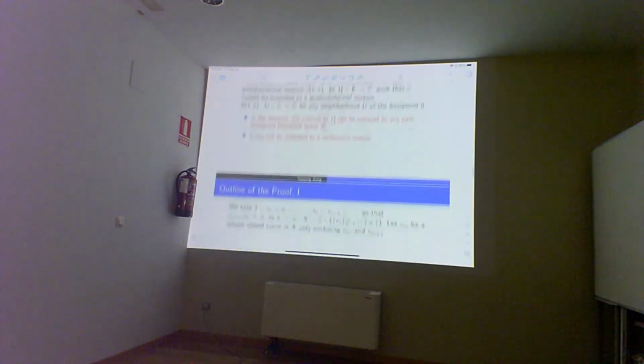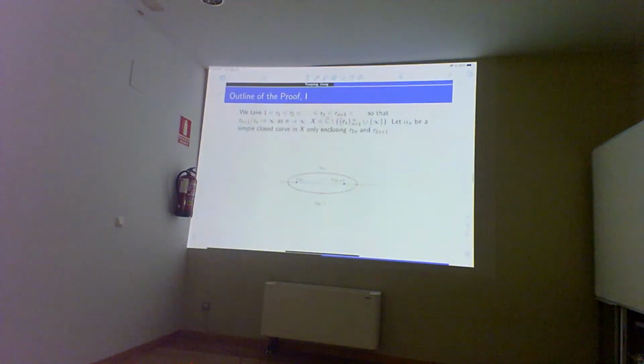Now, let me give you the idea of the proof of this theorem. You take infinitely many points which accumulate to infinity, and you think of infinity as a point on the Riemann sphere. But the ratio actually goes to infinity, which means the points are far away from each other. Alternatively, if you think of infinity as a point in the Riemann sphere, the points accumulate to a point but the ratio decreases very fast.